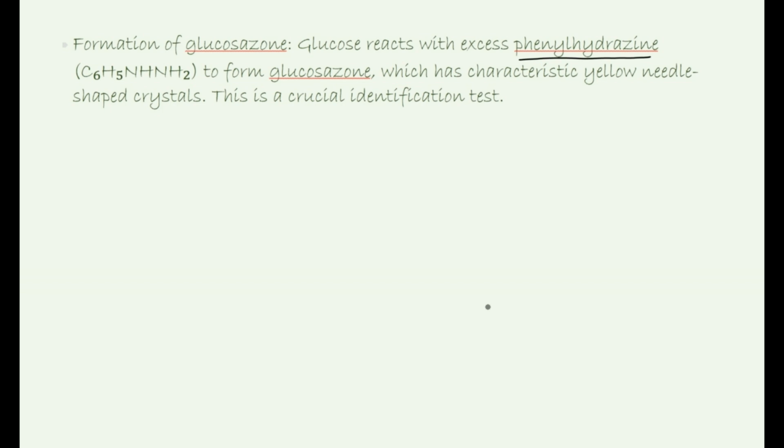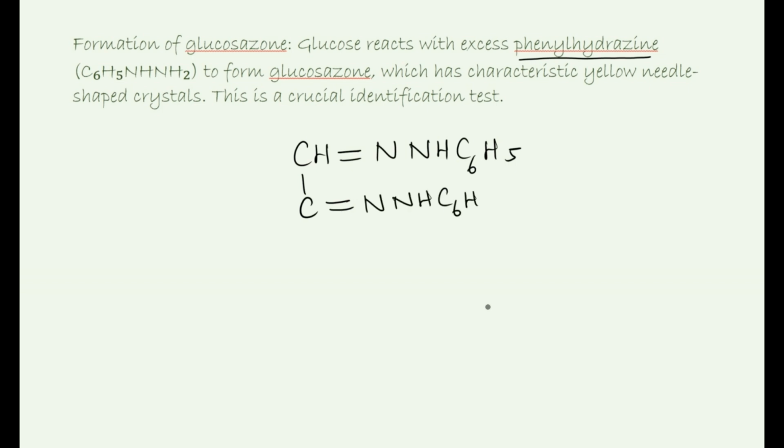What happens over here? The aldehyde group just reacts like this: CH double bond N NH C6H5. Water molecules will get eliminated, and here also N NH C6H5, and then CHOH 3 times, along with that CH2OH.